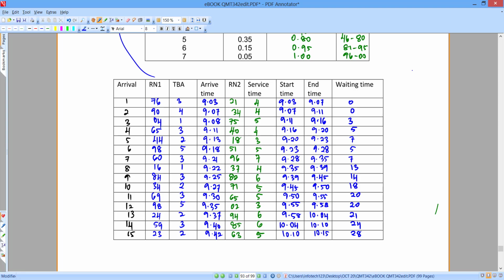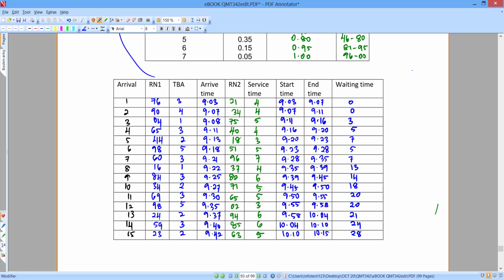The second student arrives at 9:07 and starts photocopying right after arriving. How long does it take? About 4 minutes, because I use the second random number for photocopying time. So 9:07 to 9:11. No waiting time is involved, because after the first student finished, the second student arrived.